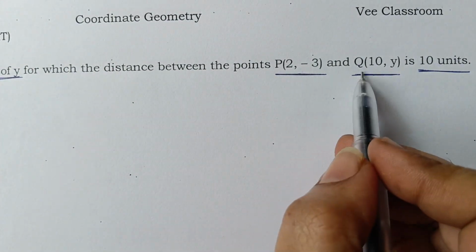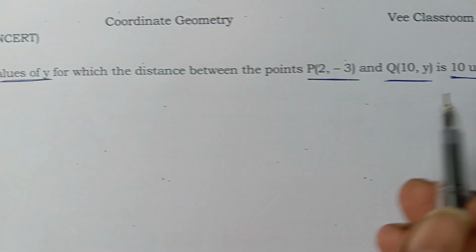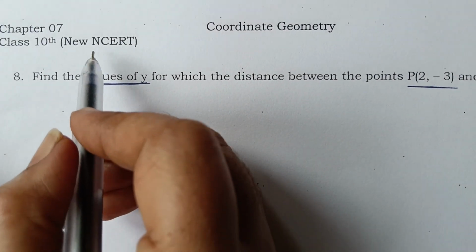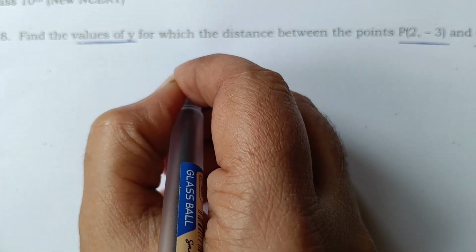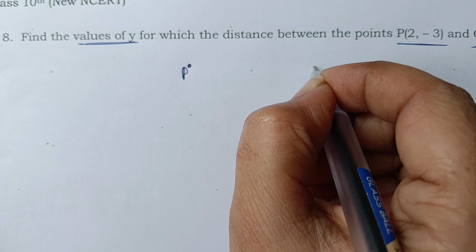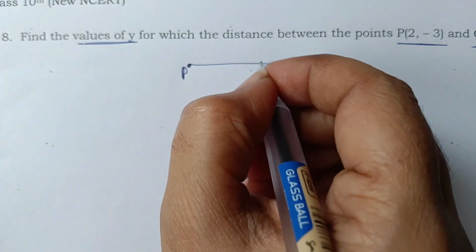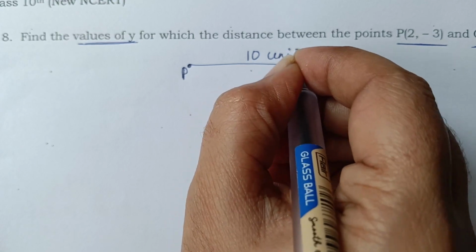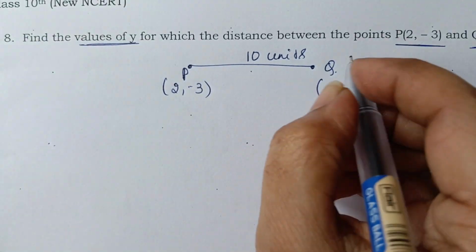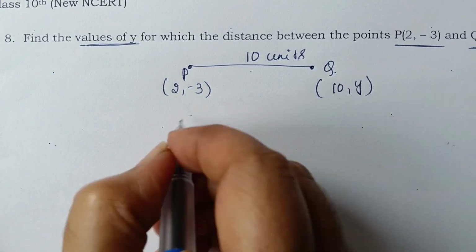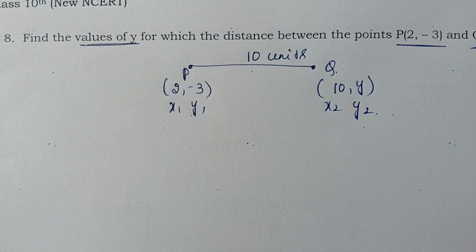They have said that the distance between these two points is 10 units. Using this, we need to find out the value of y. So let's take one point P and another point Q, and the distance between these two points is 10 units. P has coordinates 2 comma minus 3 and Q is 10 comma y. Let's take x1 y1, this is x2 y2.